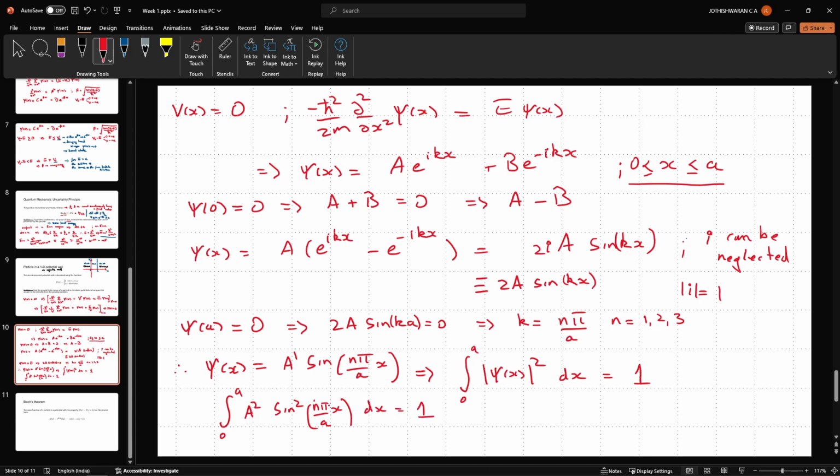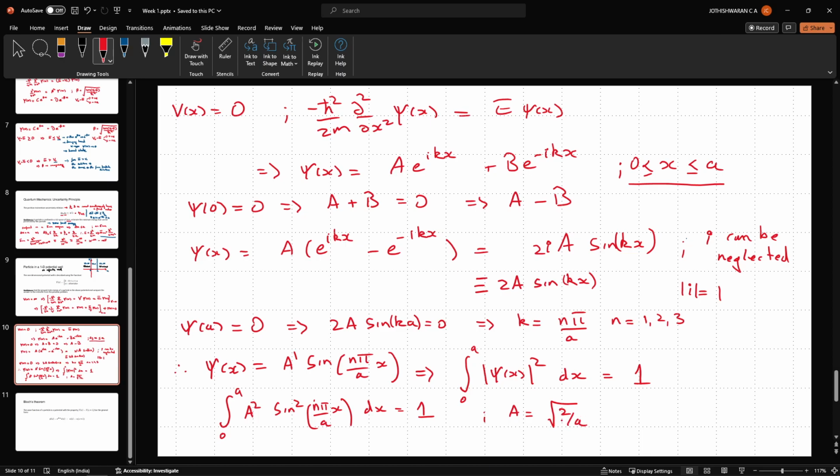So what you can do is you can write this as 1 minus cos 2kx by 2, and then take the factors out, and from that what we will get is a is equal to square root of 2 upon a.